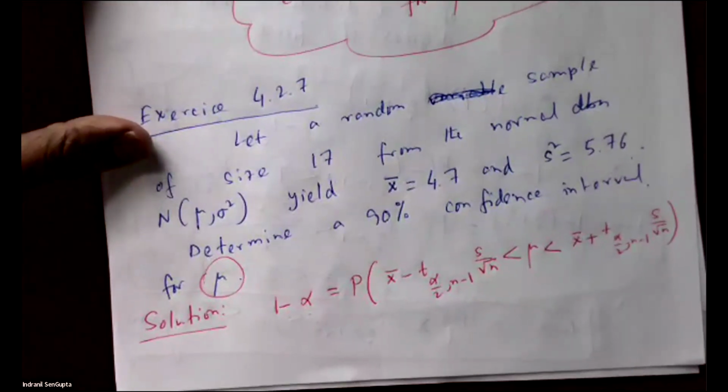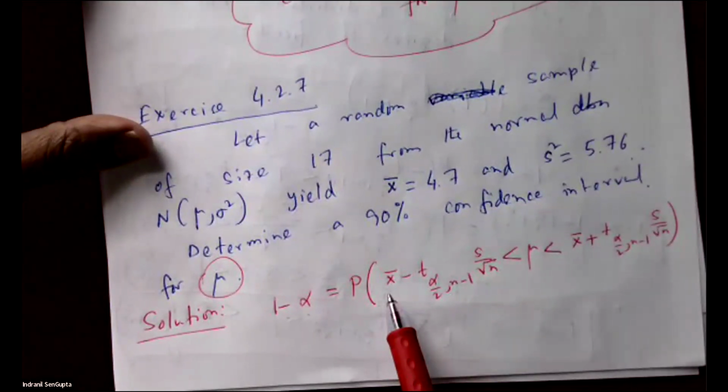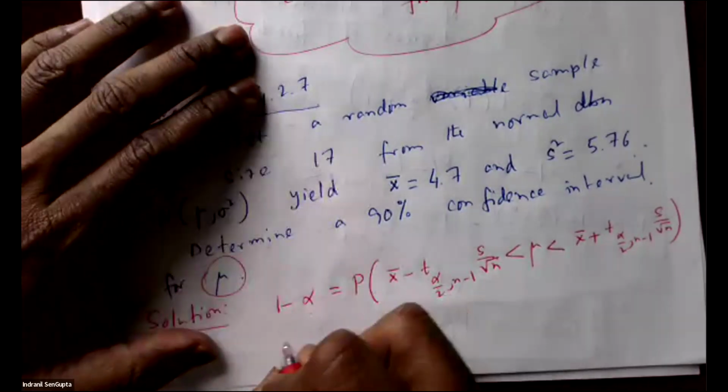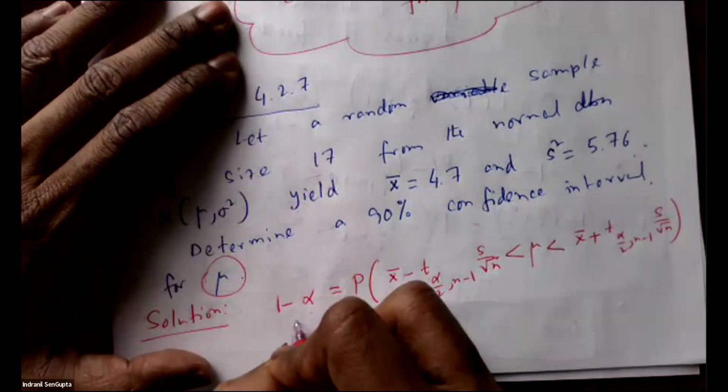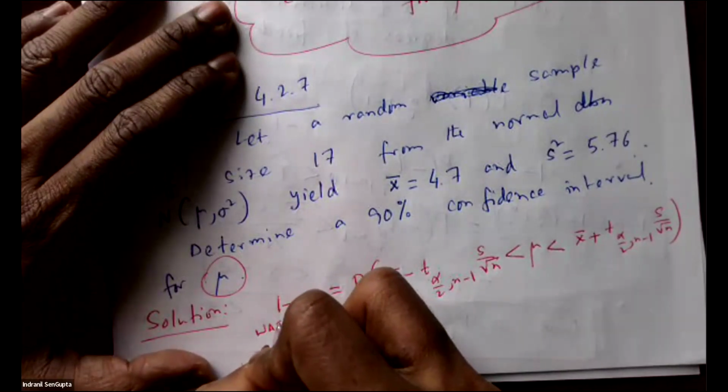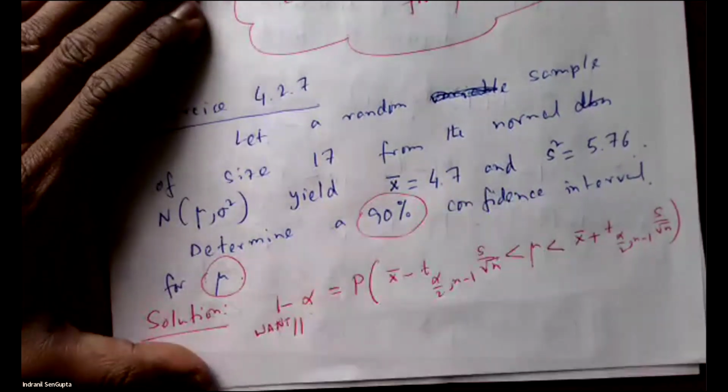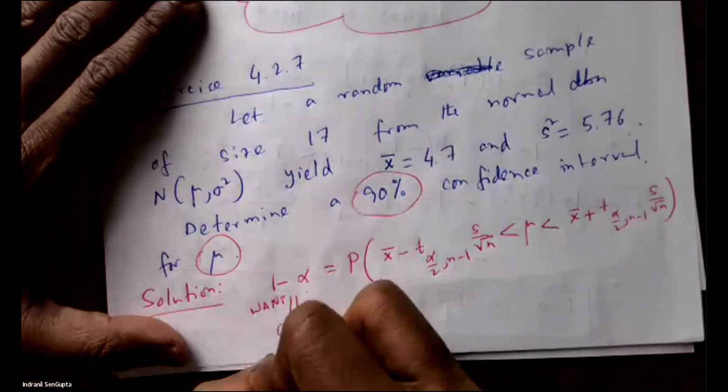For this particular problem, we know the values of x bar and s. We want this to be 90%, so we want this to be 0.9.